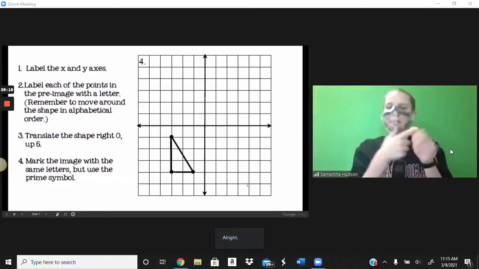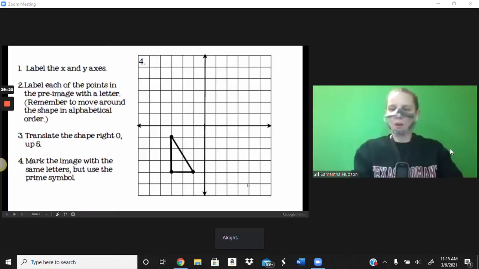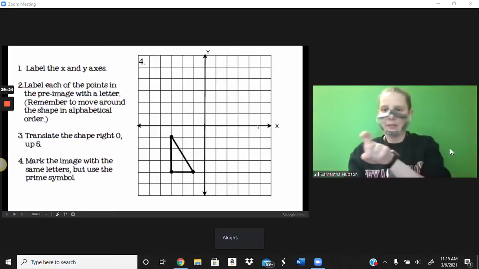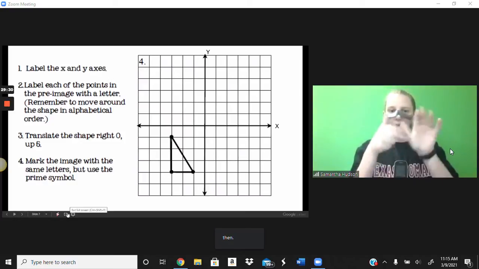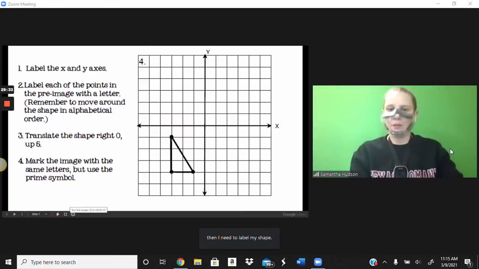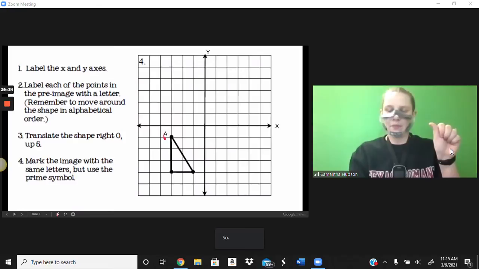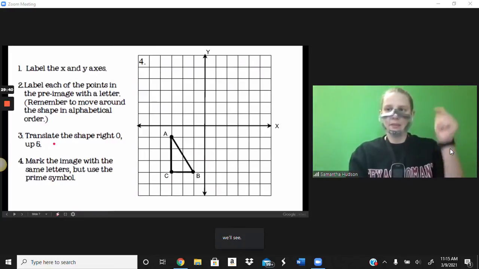The first thing I do is I label my X and Y. So I have my X, and then I have my Y. Then I need to label my shape. So A, B, and C. Then it says translate.